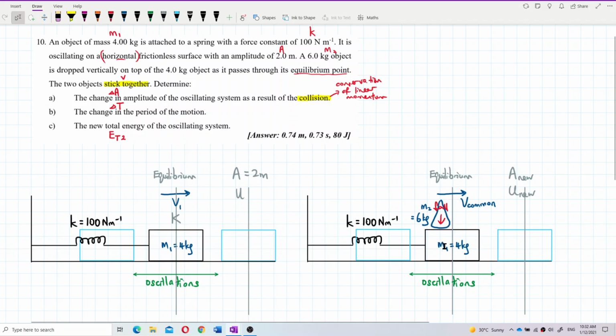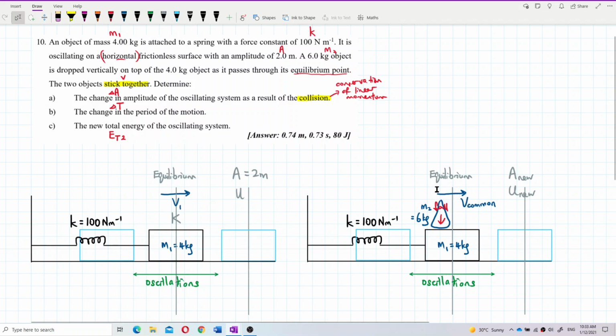The velocity of the whole system, 4 kilogram plus 6 kilogram, no longer travels at v1, but goes to a common velocity. We need to find this common velocity using the conservation of linear momentum when two objects stick together. Still remember the formula? We're going to find this common velocity later on.